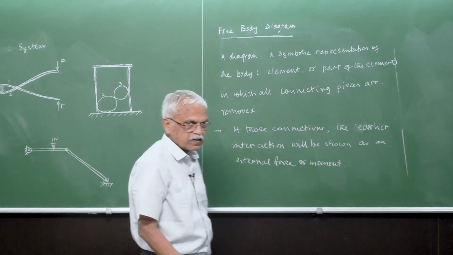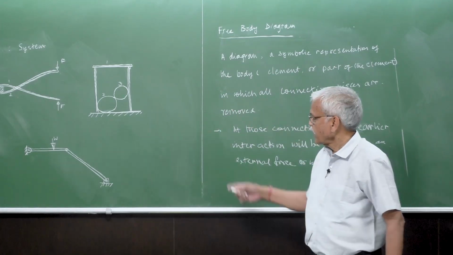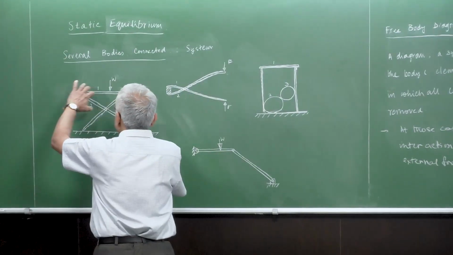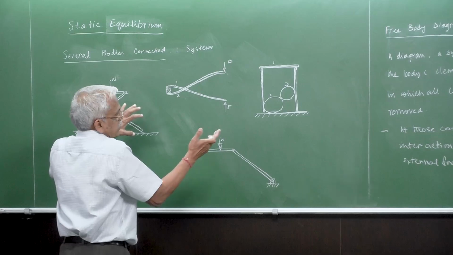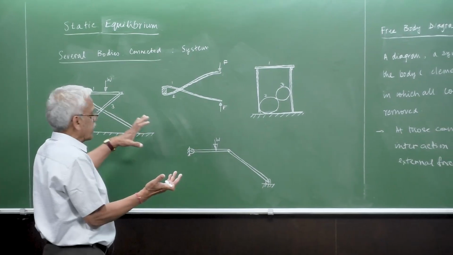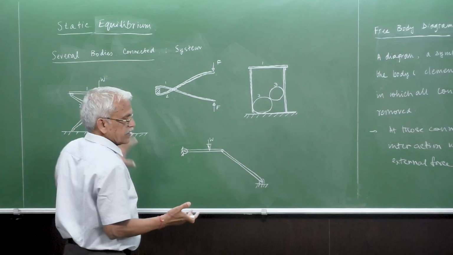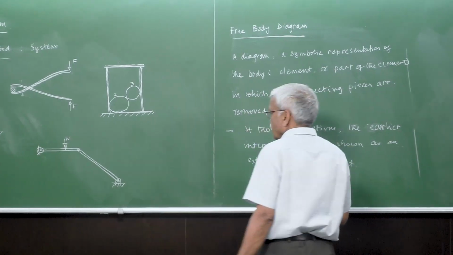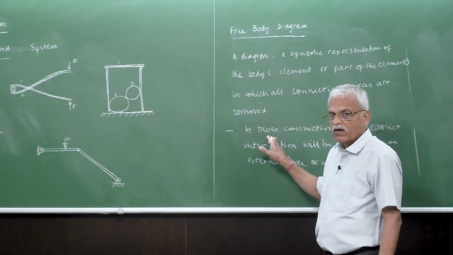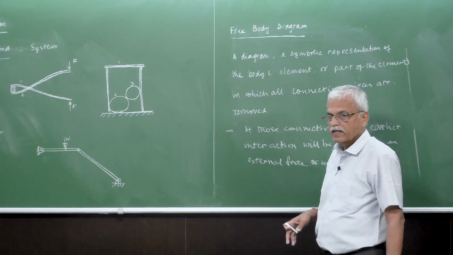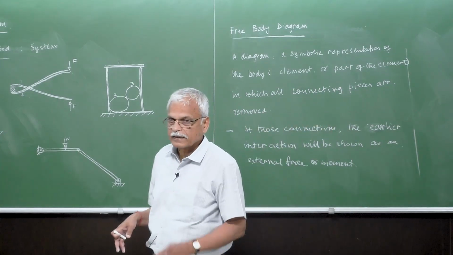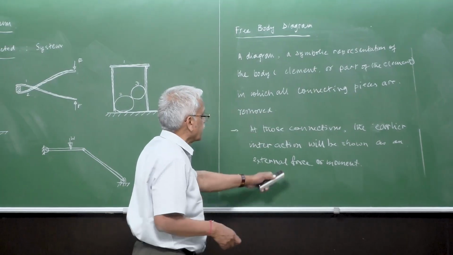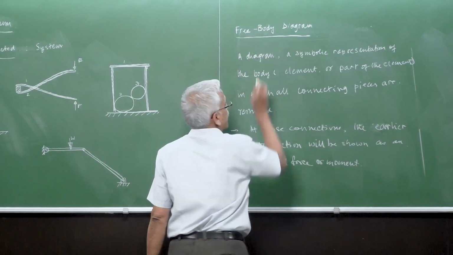This is a very important part of this. So the free body diagram means you can isolate any part, one body or several bodies, and its connections with all the other connecting bodies are removed, and the interaction of those connections is shown as external forces or agents.